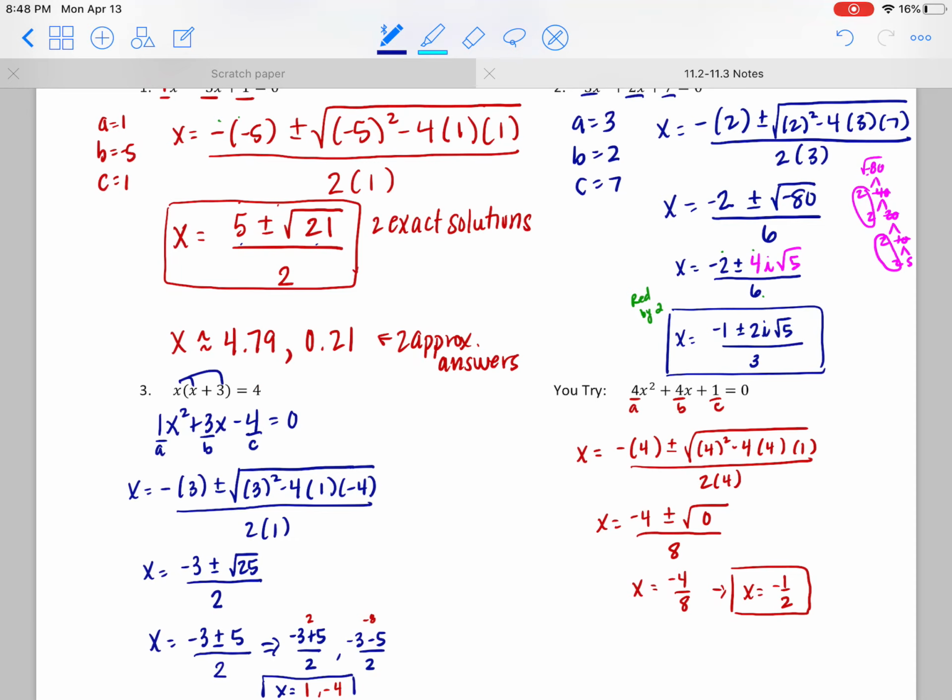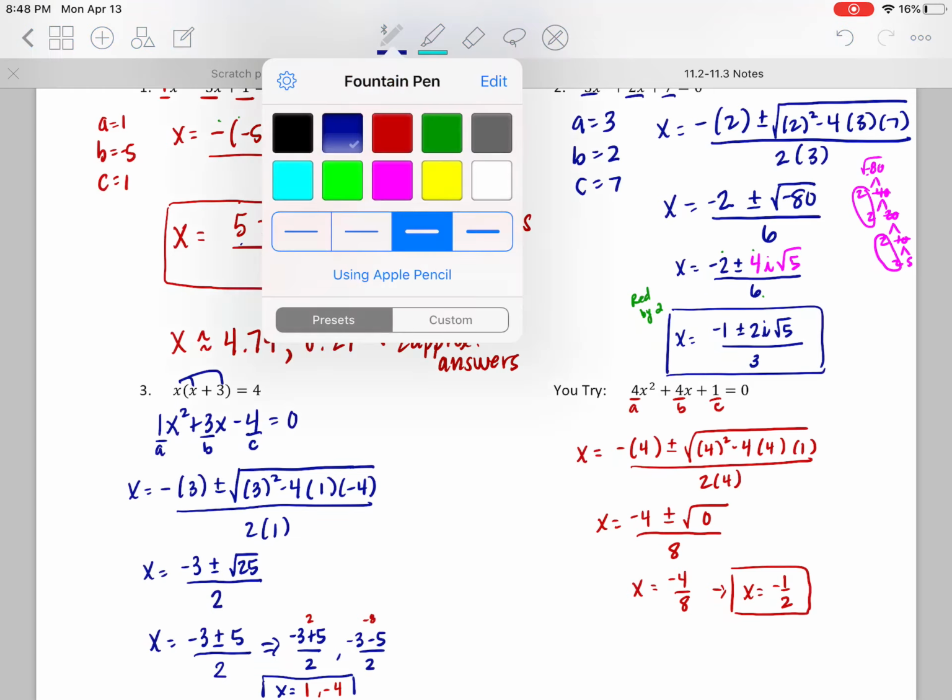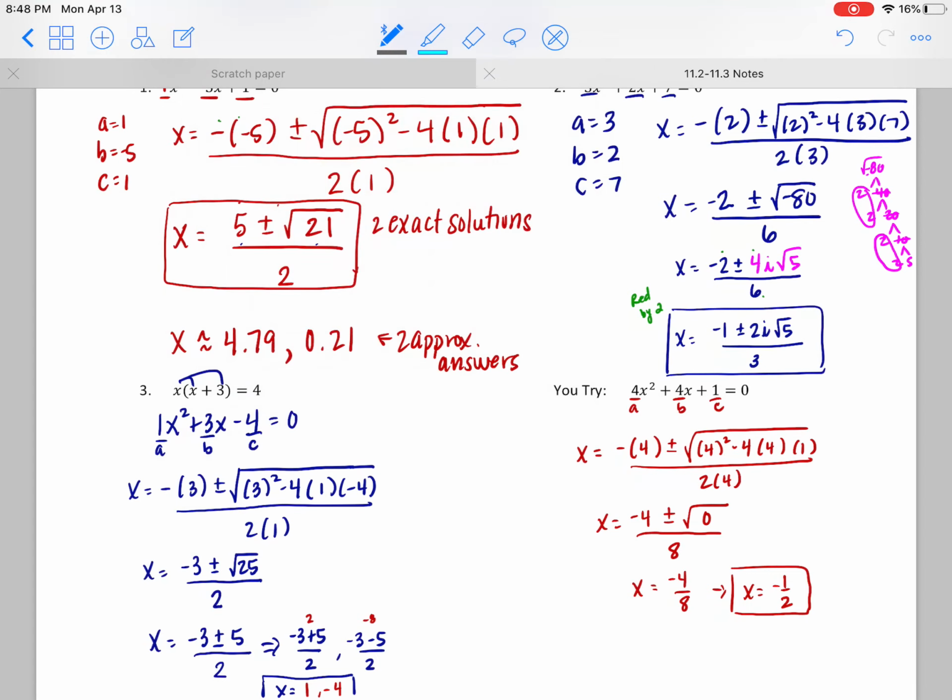Now, if we look at these solutions, in number 1 here, the 5 plus or minus radical 21 over 2, what kinds of solutions are those? So they're real solutions, but they are irrational. When you put that radical 21 in the calculator, you get that non-repeating, non-terminating decimal. So here, this was 2 real and irrational solutions.